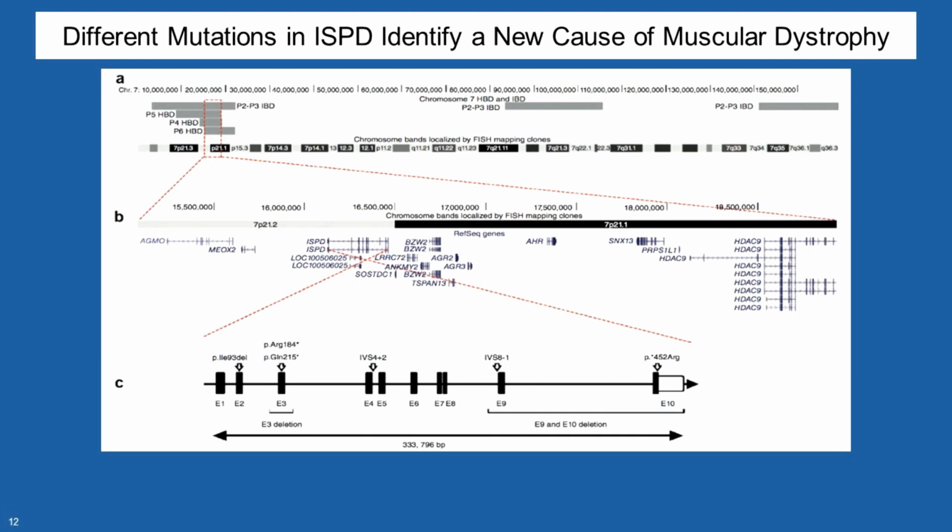So we actually ended up having 5 individuals with the linkage at the same location on a specific chromosome telling us where to look, and combining that with whole exome sequencing, we could find multiple independent different mutations in ISPD, identifying this as the 7th known molecular cause of Walker-Warburg syndrome.